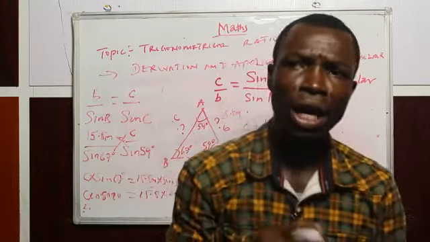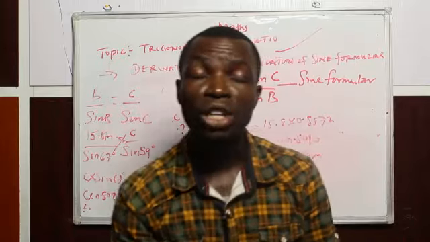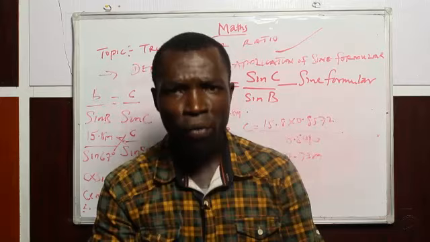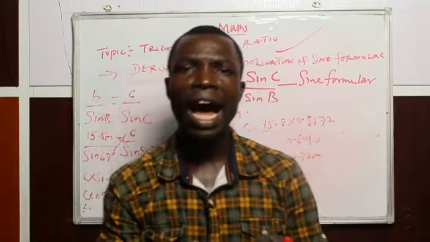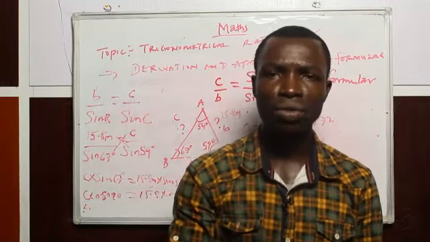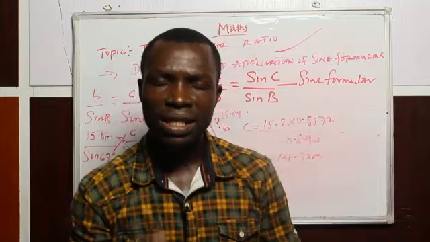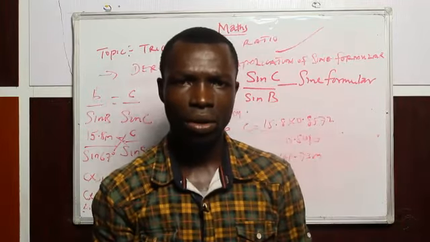You can see how we apply the sine formula. You see how we derive the formula using an acute triangle. We use an acute triangle to prove the sine formula and to find the angles and sides inside a triangle. With the sine formula, we can find all the sides in a triangle.